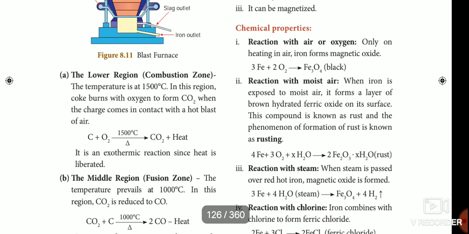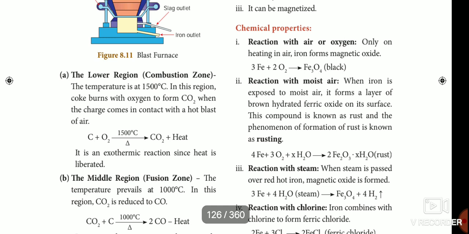Iron, symbol Fe, reacts with oxygen, symbol O2, to form iron tetroxide, the magnetic oxide, Fe3O4, which is black in color.